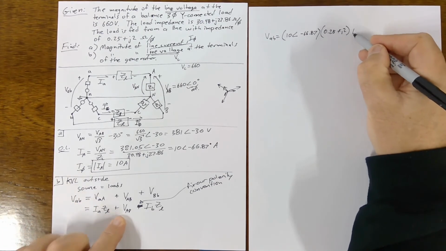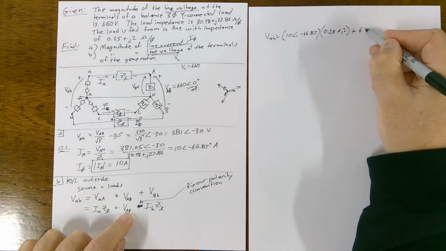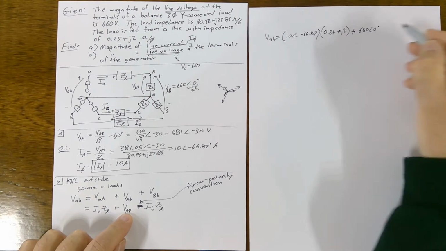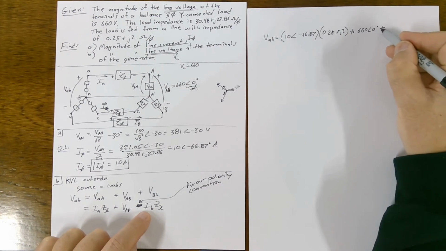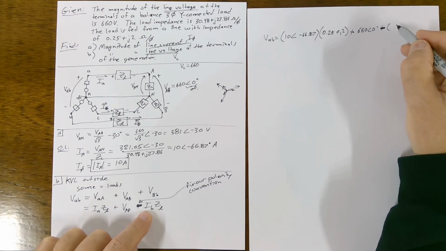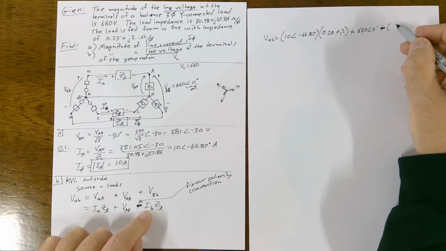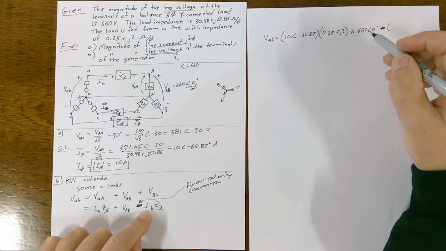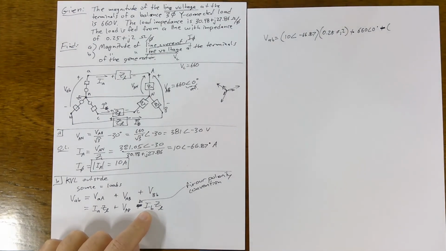That's this first term, plus this guy here, which was 660 angle 0, plus this, okay, minus I_B, so we need I_B.